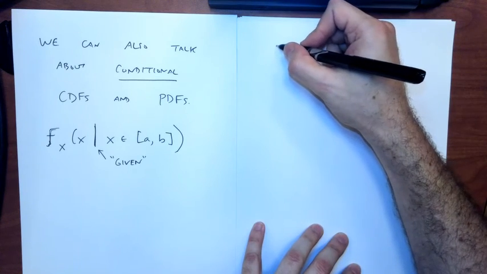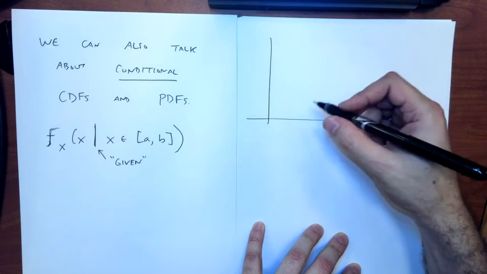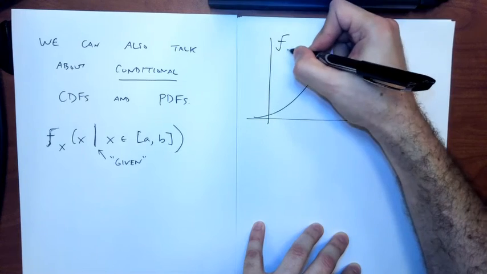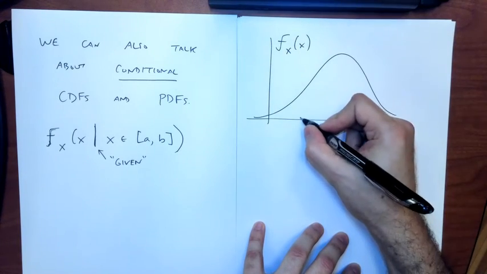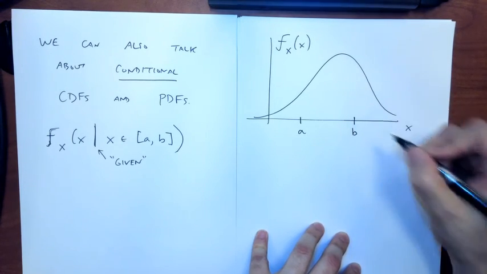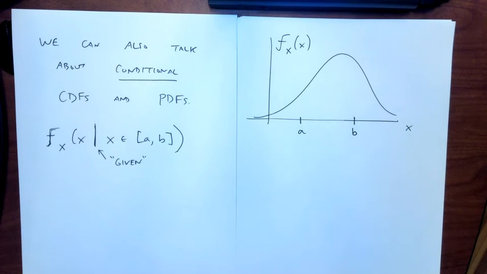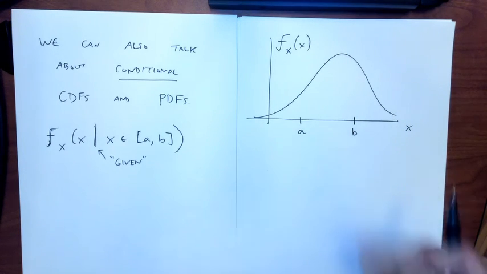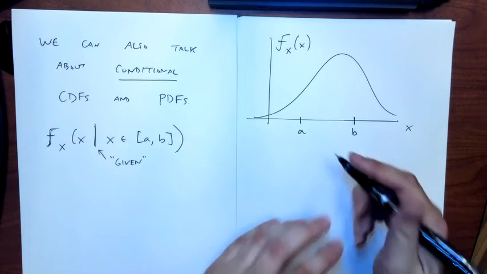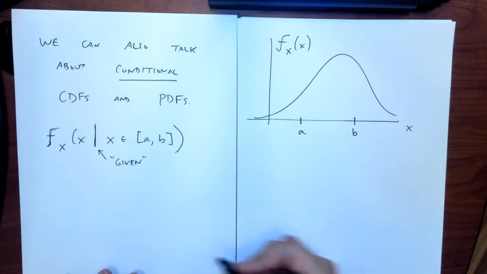So my before picture of my PDF maybe looked something like this, right? And now I'm telling you that you're between A and B, right? So that is definitely going to change the shape of your PDF. Certainly I can no longer have any probability of being outside of A and B, so it's going to change the overall mass. And so how does that actually work?